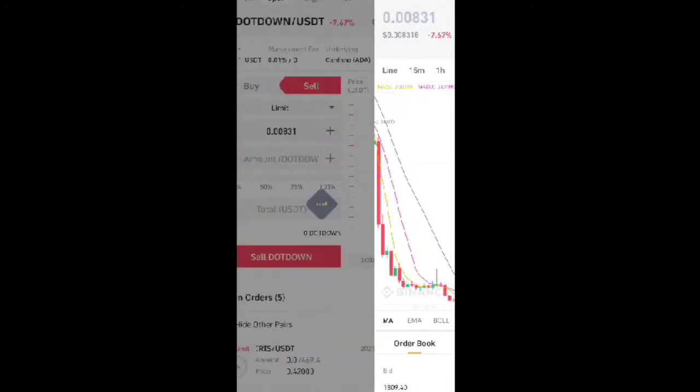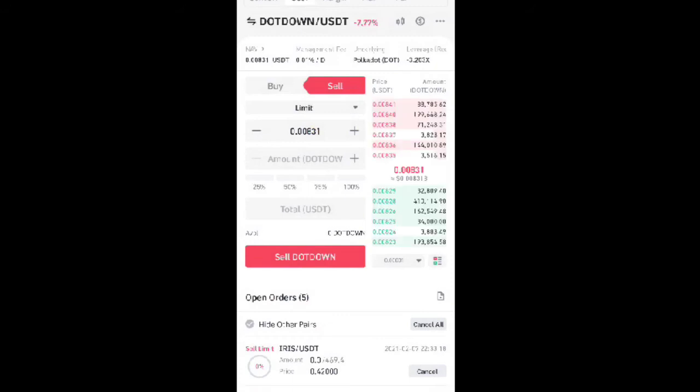If you know that the coin is going to go down, you buy DOT down and you set your sell. You set your sell for a particular price. As the coin is going down, you will be on profit.